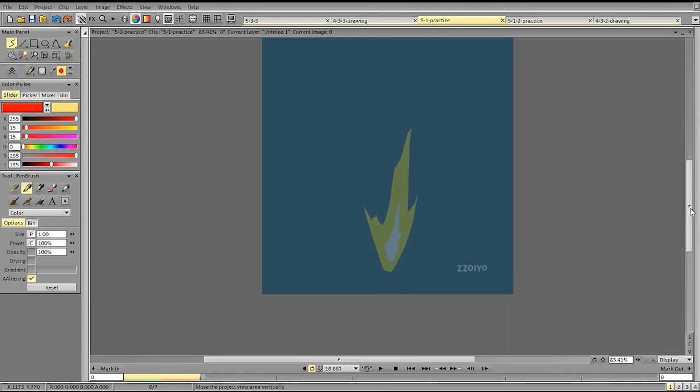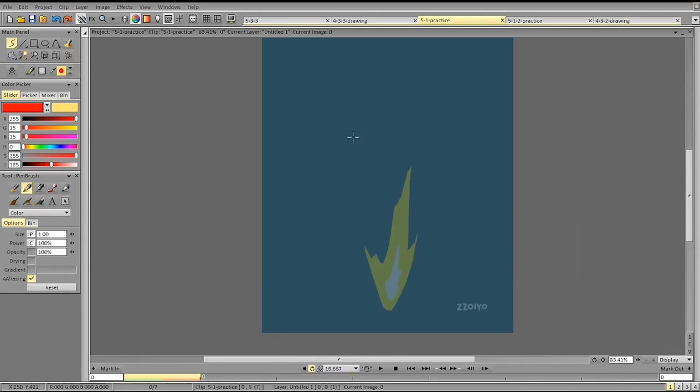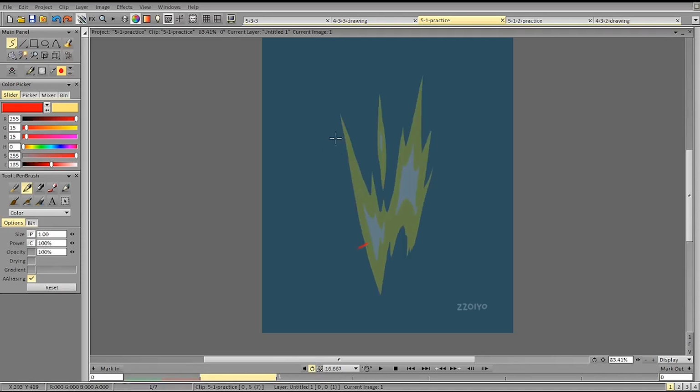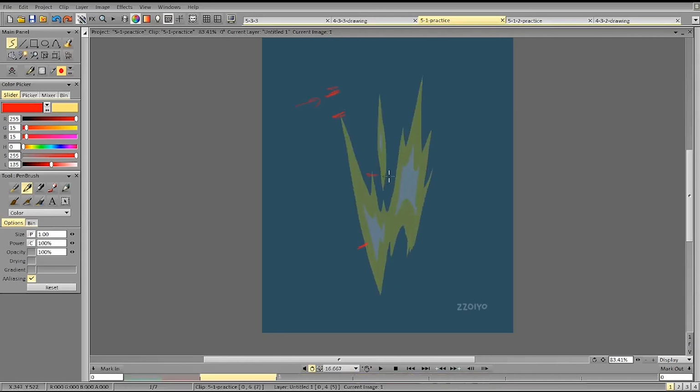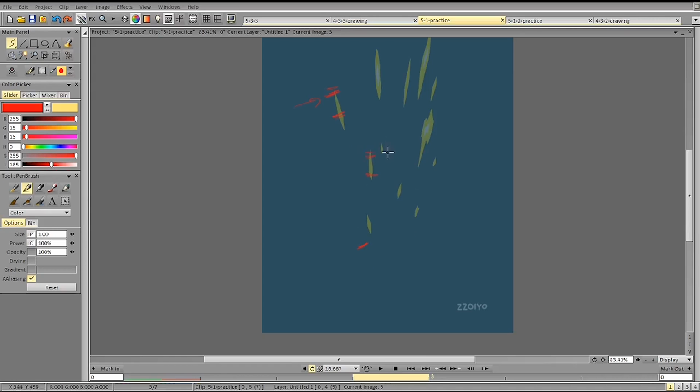Let's look at the frames and see if there are some problems with spacing. You see here it kind of slows down and then accelerates again. Here it goes, accelerates, decelerates, decelerates, decelerates, decelerates, and it's mostly fine.